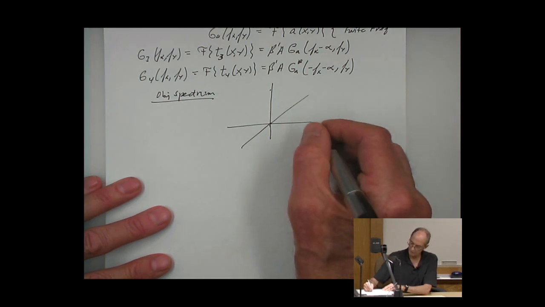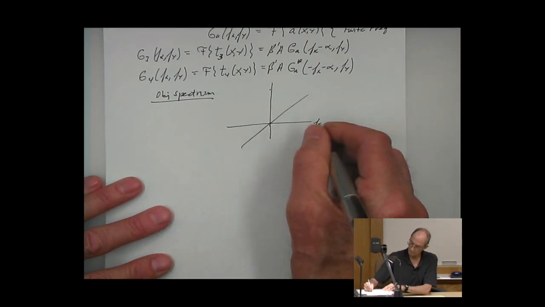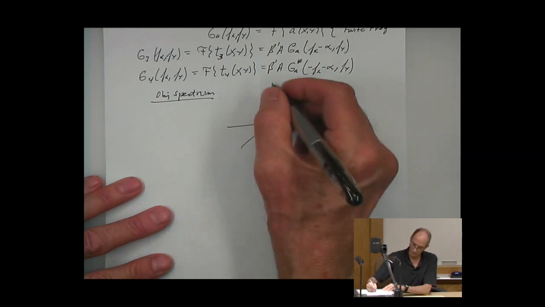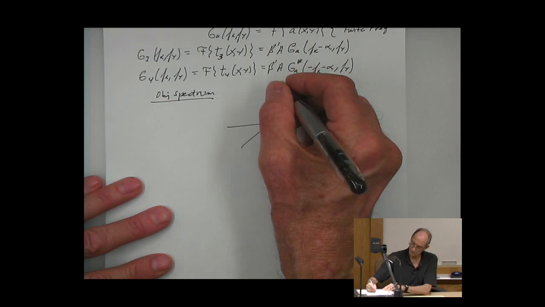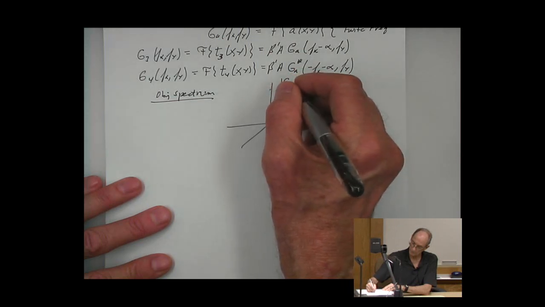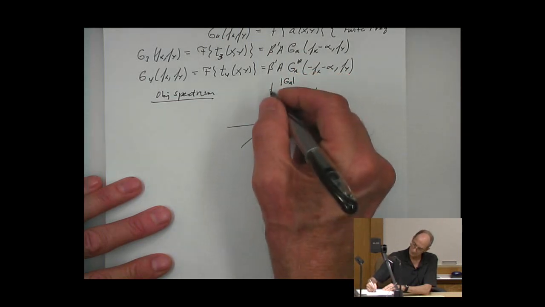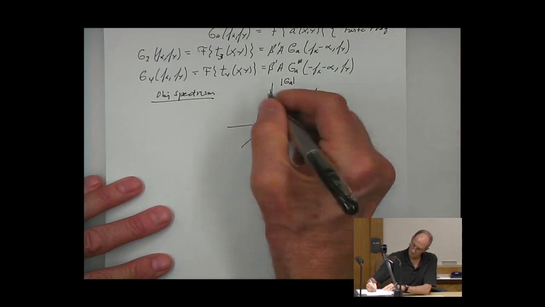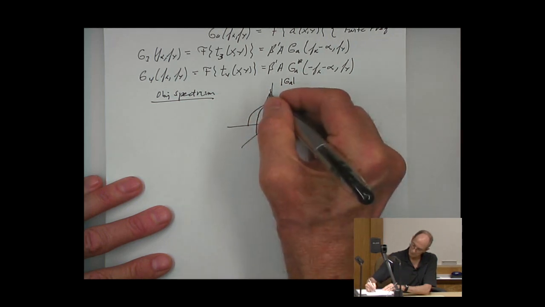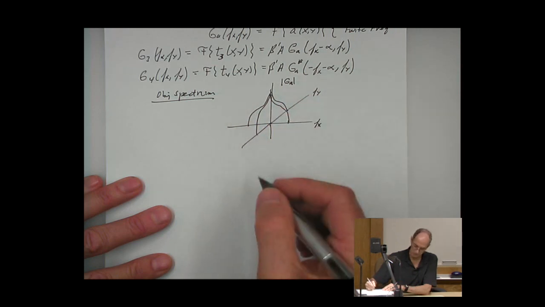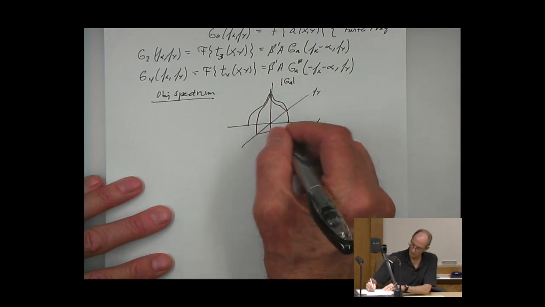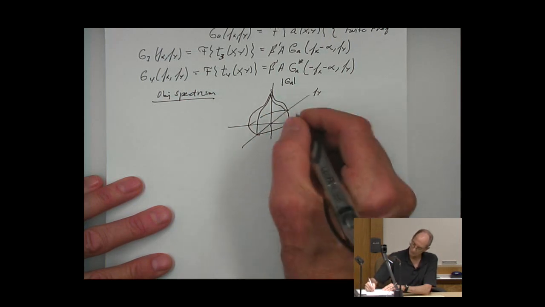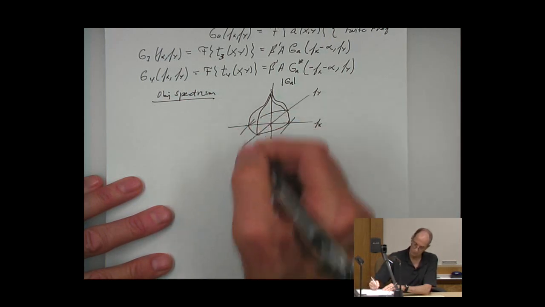So we have here an fx and an fy, and this is the magnitude, or the value G sub A. This is going to have some interesting functional form, but the main point is that it's going to be limited in frequency range.